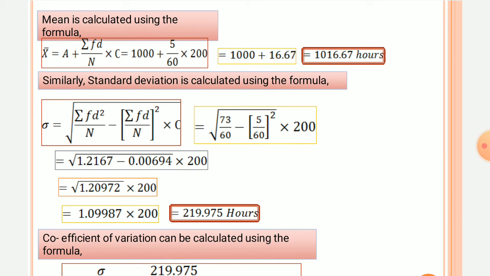Now calculate the standard deviation. Here the standard deviation can be calculated as sigma is equal to root of sigma fd square by n minus sigma fd by n whole square, into c. Here, root of sigma fd square 73 by 60 minus sigma fd 5 by 60 whole square, into 200.